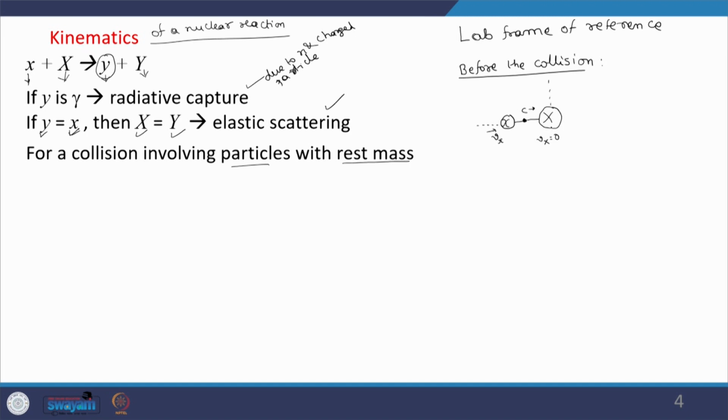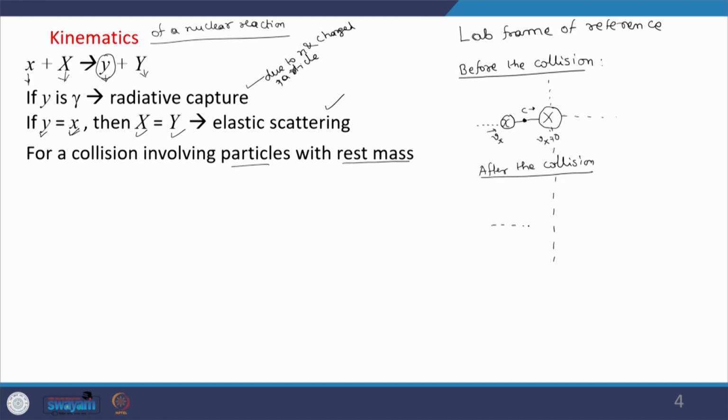And let us draw different directions like this. Now, after the collision, we can draw the same thing to maintain uniformity. Let me draw like this.